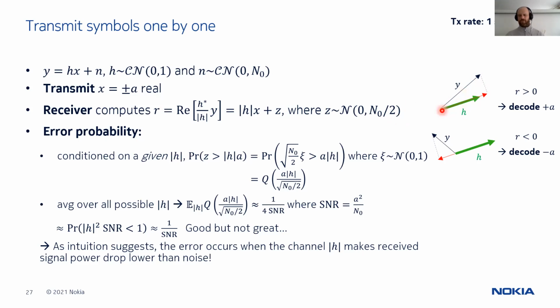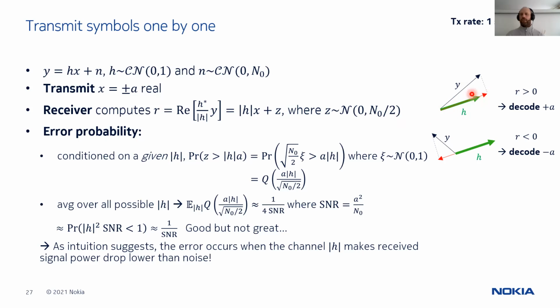So you transmit h times 1, and then the noise makes you flip in the other direction. What is this probability? The noise is a complex number, but the only thing that we're interested in is what lies on this line, right?